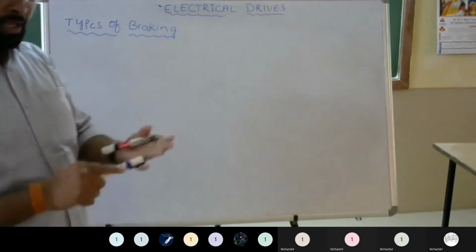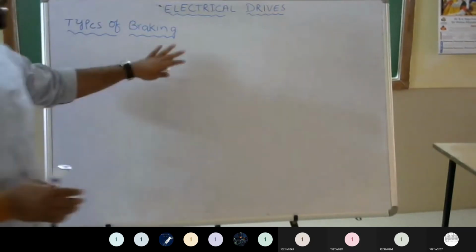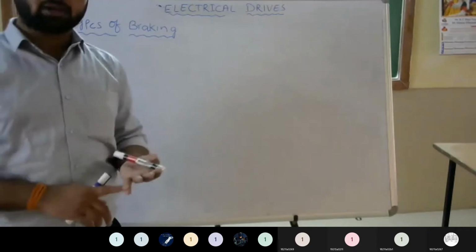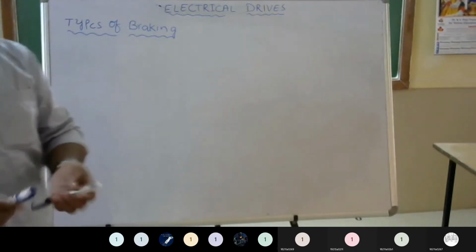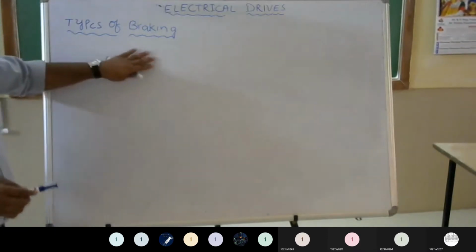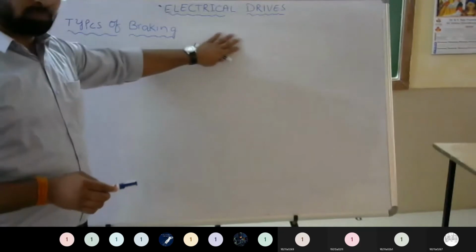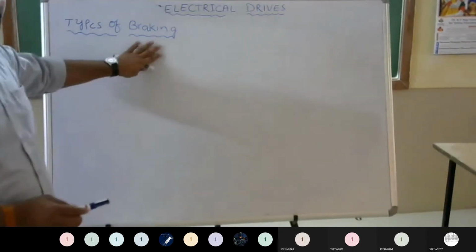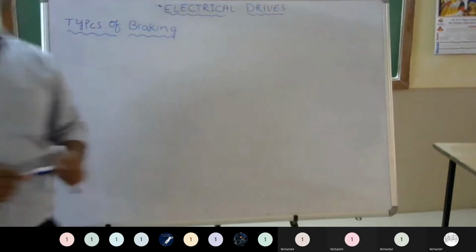Suppose it is rotating in one direction and you have to rotate it in the other direction, that is also called braking. Either reversal or stopping of the motor is called braking. So for braking, we have to apply the braking torque. That is the simple concept.